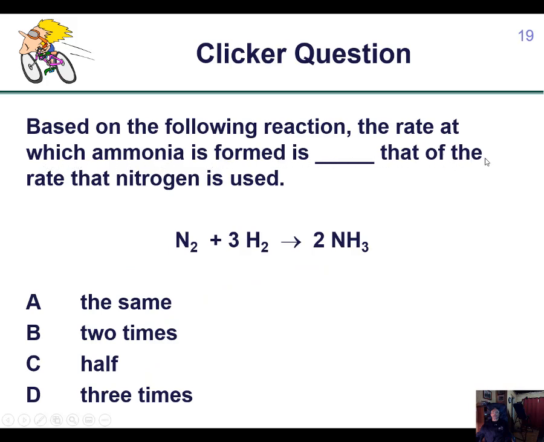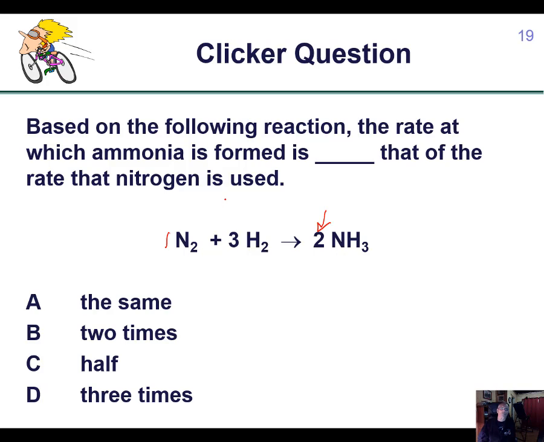blank that of the rate that nitrogen is used. Now, this is really easy to determine. Since the coefficient of nitrogen is 1 and the coefficient of ammonia is 2, you can see that ammonia is going to appear if I just take any period of time.